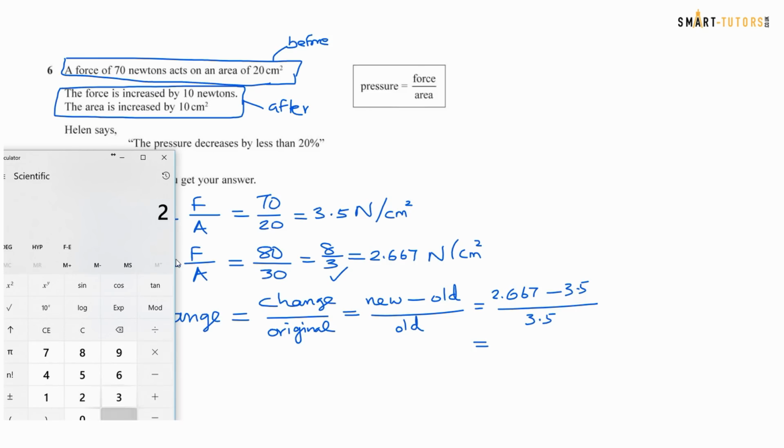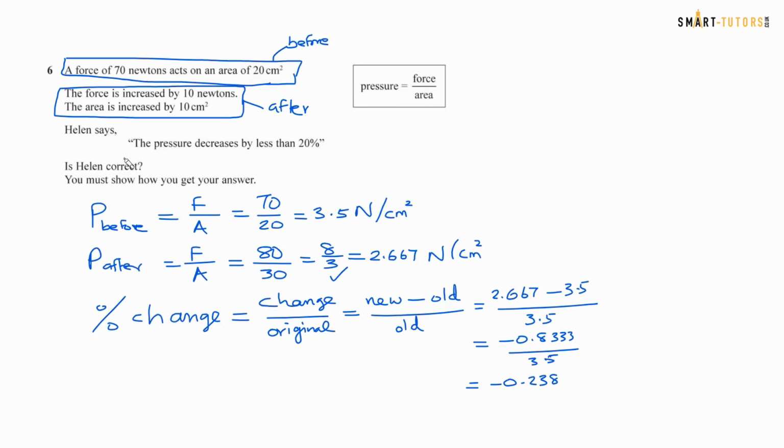So let me grab my calculator. It's not a scientific calculator, so I'm going to be doing this in steps. You don't need to do that in your scientific calculator, you can do that straight away. So 0.8333 divided by 3.5, which is minus 0.238.